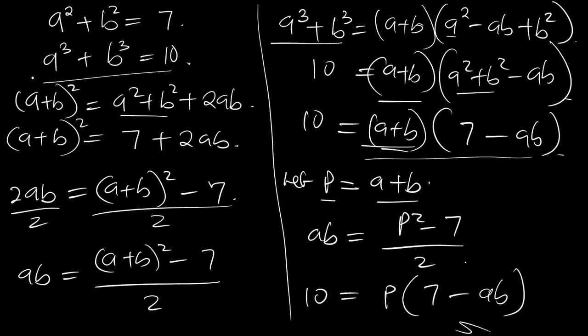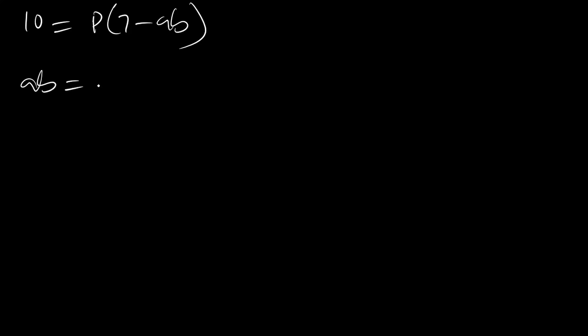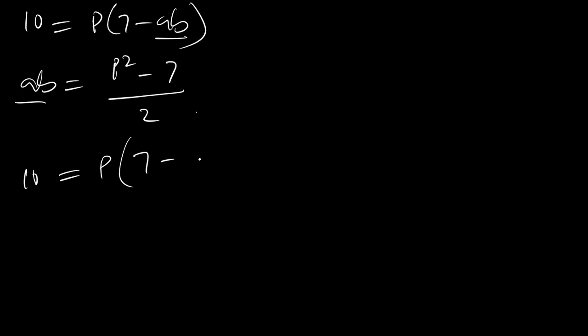And from the other equation, we have ab is equal to p squared minus 7 all over 2. Now, substituting ab into this equation, you have 10 is equal to p into 7 minus p squared minus 7, all over 2.